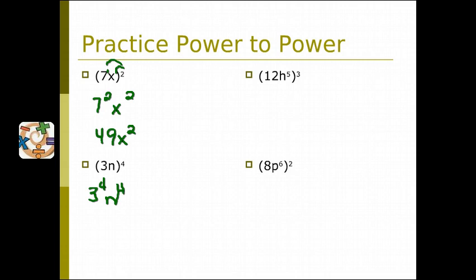Again, we distributed that. And then when we do the math, 3 to the fourth power gives us 81, and then n to the fourth will not simplify any farther, so we keep it as is.